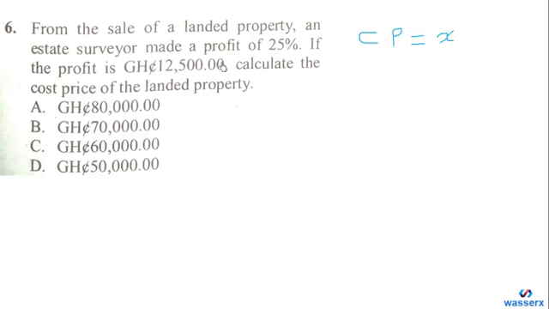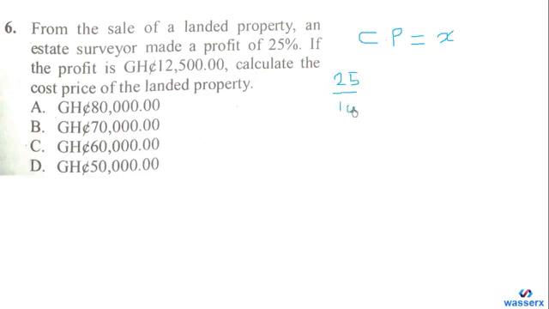So 25% of this cost price will give us 12,500, which is the profit. So 25 over 100 times X will be equal to the 12,500 Ghana cedis, which is the profit the estate surveyor made.